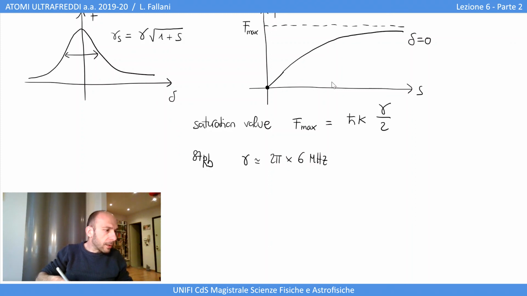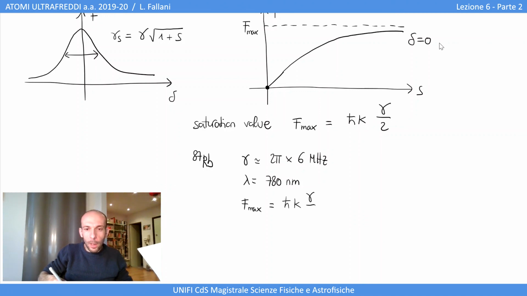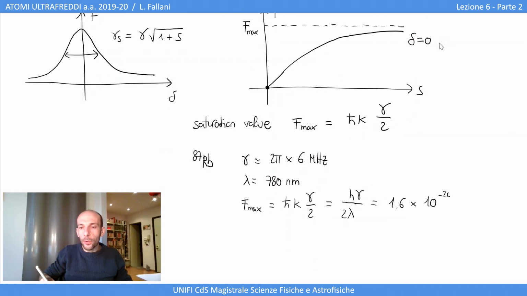The wavelength in rubidium is 780 nanometers. If you take these parameters and evaluate the maximum value of the force, that is h bar k times gamma over 2 in the regime of saturation, or h over lambda times gamma divided by 2, the value that you get is 1.6 times 10 to minus 20 Newton.